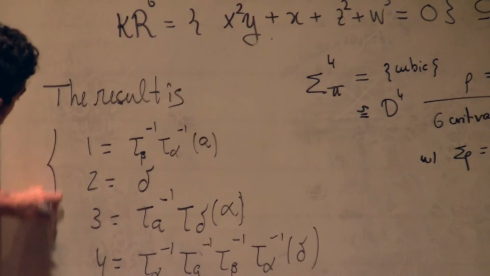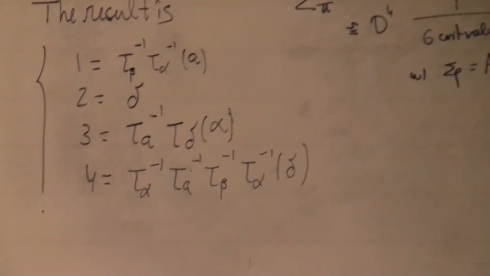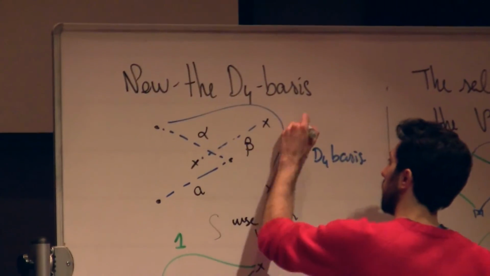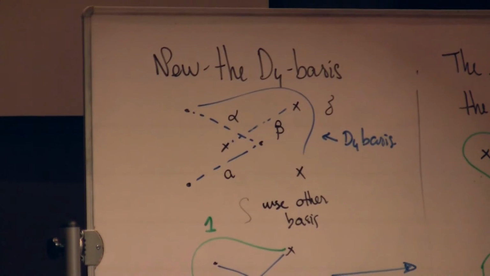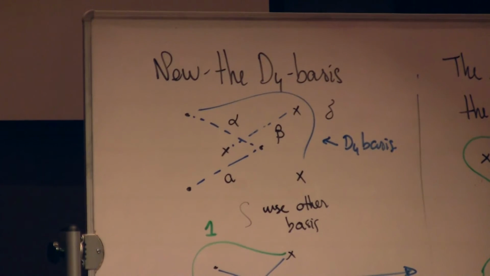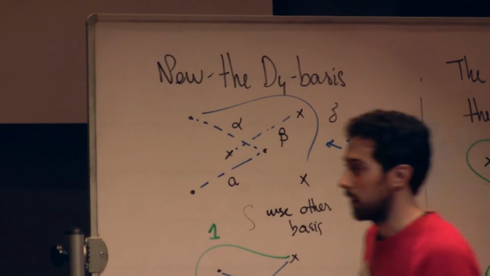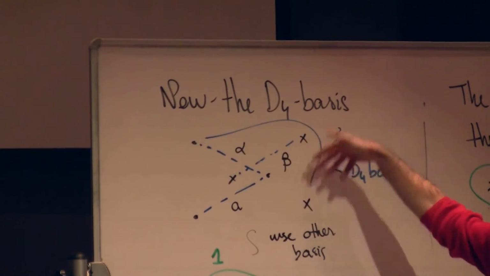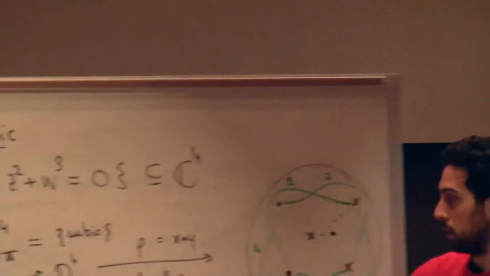Here I'm using the basis given by A, alpha, beta, and delta. So after this algebraic, combinatorial discussion, I'm telling you that each of these vanishing cycles, if you use this basis A, alpha, beta, and delta, you get those guys.